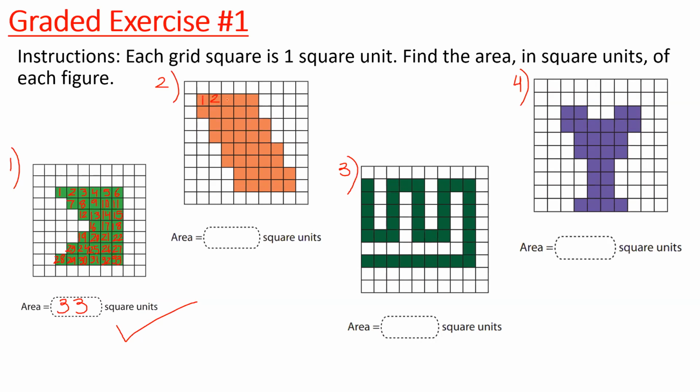Okay, 1, 2, 3, 4, 5, 6, 7, 8, 9, 10. All right, 11, 12, 13, 14, 15, 16, 17, 18, 19, and 20.